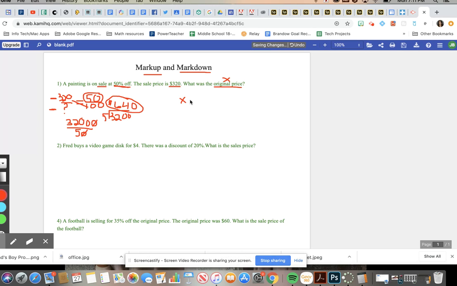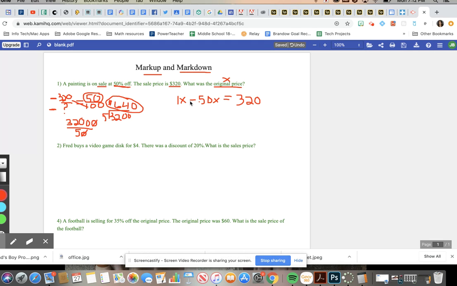And then I'm going to subtract my 50%, 0.5 X, 50% times the original price, to get that sale price of $320, the new price. Okay, and this, if there's no number in front, remember, we can write that as a 1.